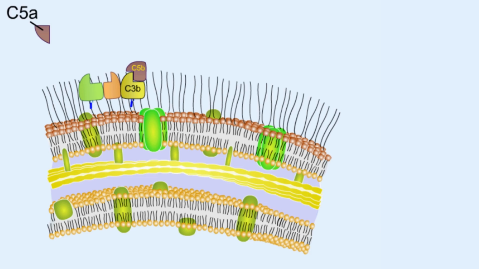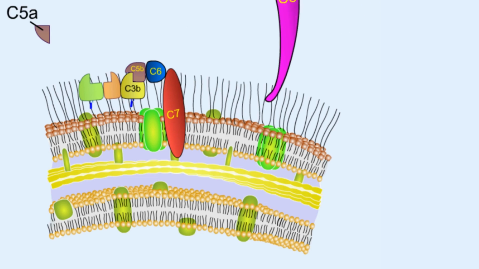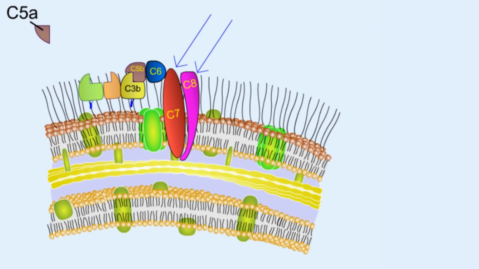Now the C5b stays attached to the C3b complex there, which is near the cell membrane of the target pathogen. Then it will recruit many different types of complement proteins called C6, C7 and C8. Here C7 and C8 have a hydrophobic region which helps them to be embedded throughout the cell membrane of the target pathogen.